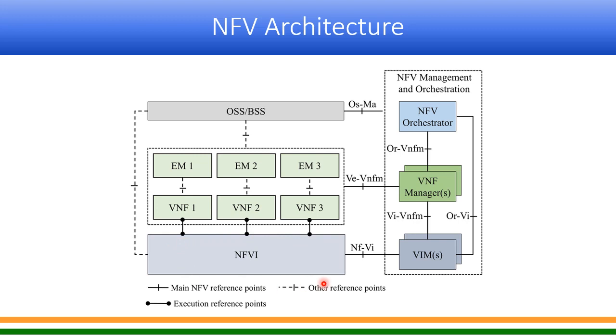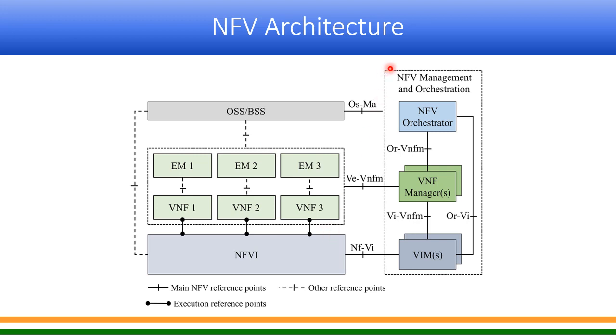On top of that you deploy your network functions as virtual network functions, so VNF 1, 2, 3, 4 and so on, and these are managed by EMs, element managers. EM1 manages VNF1, EM2 manages VNF2. So we all know the element manager; every network function today is managed by an element manager. And of course on top of it you can connect your OSS, BSS.